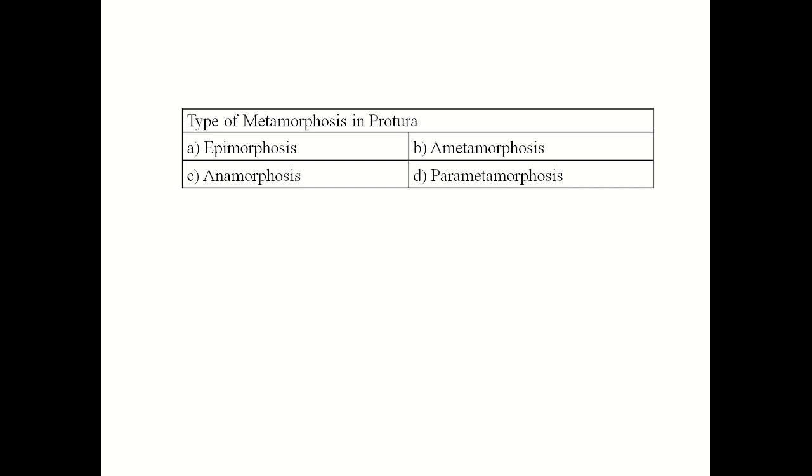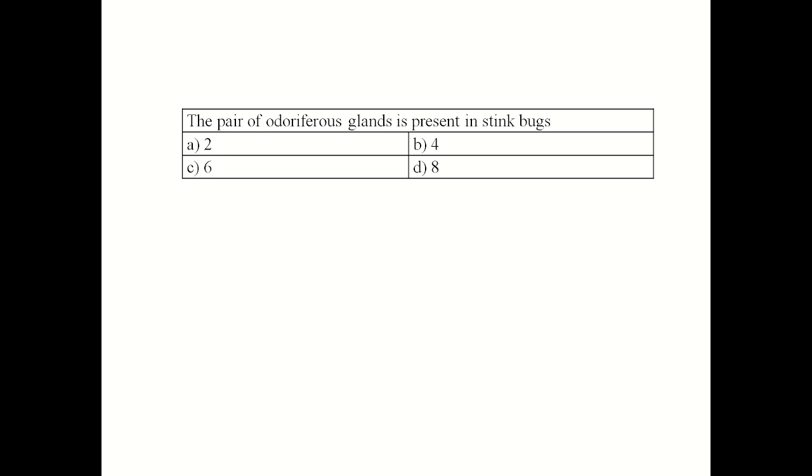Type of metamorphosis in Protura is anamorphosis. The number of pairs of odoriferous glands present in stink bugs: there are 4 pairs.